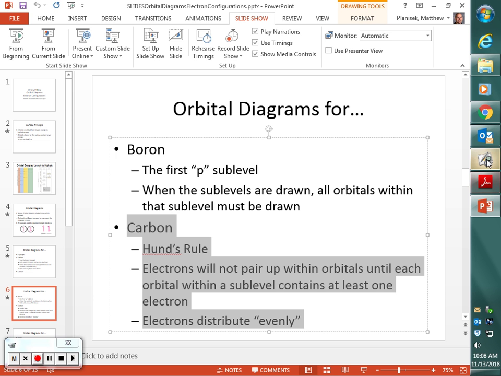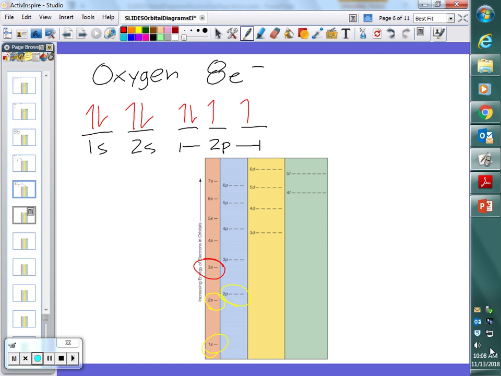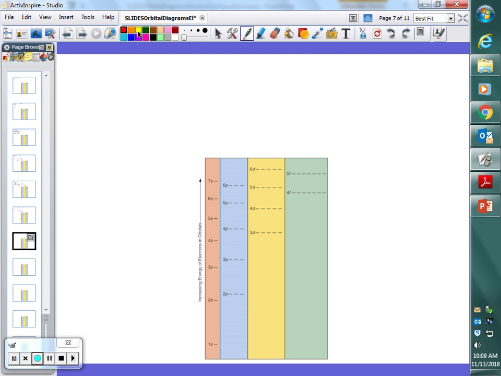So, on your outline, let's jump straight to sodium, which I think is at the top of the next page, yes? You go to the periodic table, you find sodium. How many electrons do we have to worry about? 11.